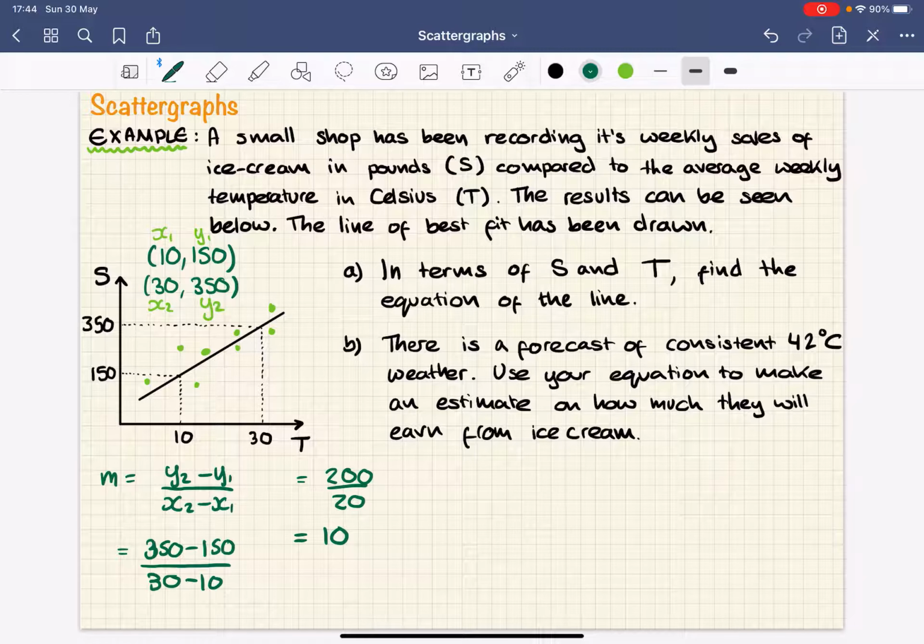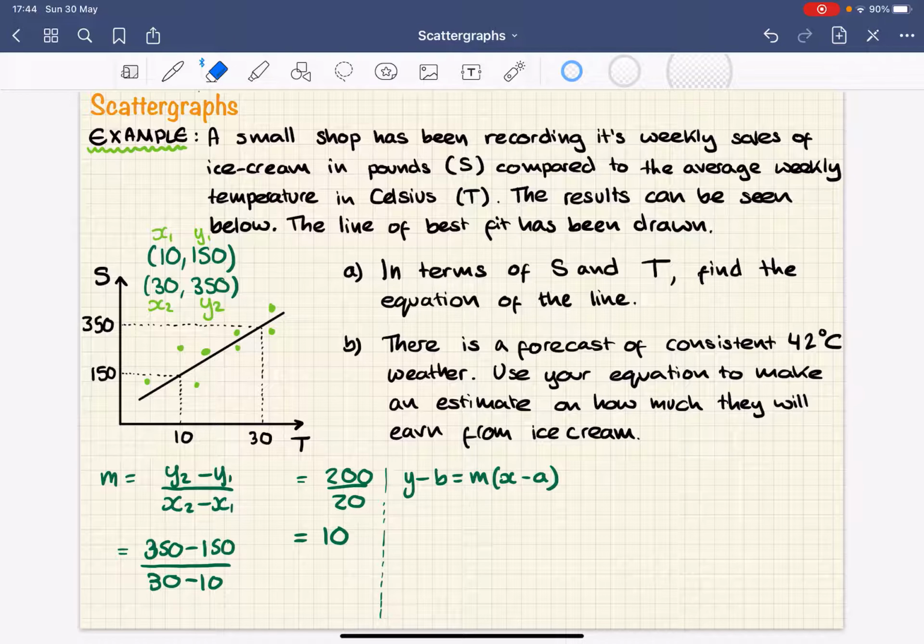Then putting that into my equation of a line formula in order to find the equation: y minus b equals m bracket x minus a. For my a and b, I'm going to go for the 10 and the 150 because those are my smaller ones, so I think they're going to be a little bit more straightforward. So that's y minus 150 equals 10 bracket x minus 10.